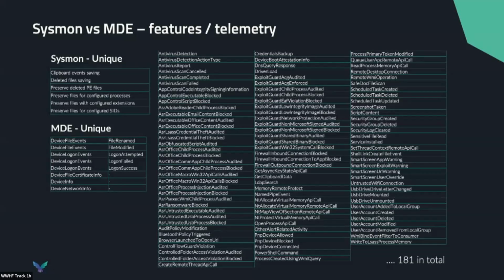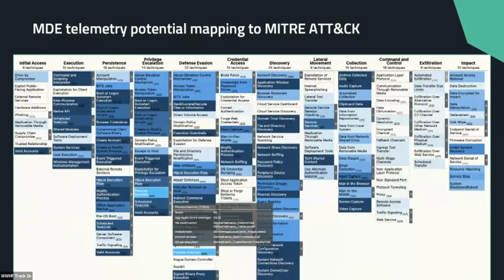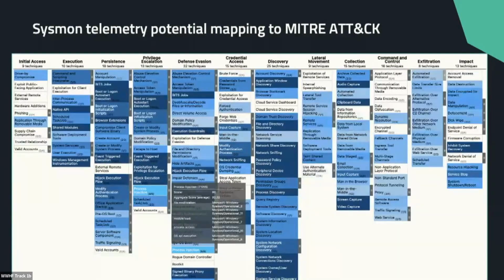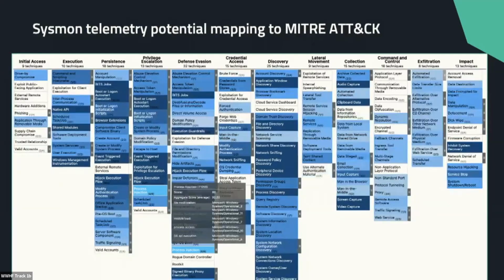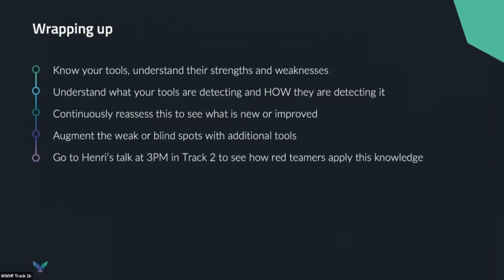There's the rest of the slide, basically. So there's a lot of different telemetry there as well. And basically, if you start mapping the visual again, then there is some overlap. There is some differences. So there are some gaps to be filled on both ends, depending on which one you rely on. So, I'm actually good on time.